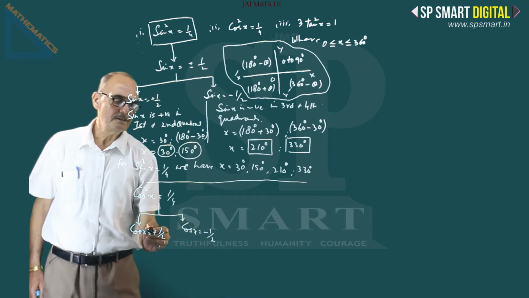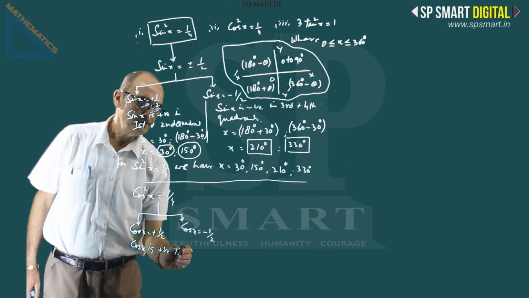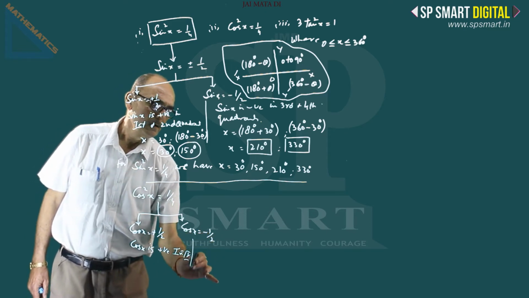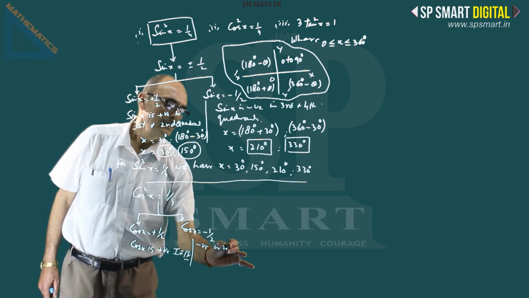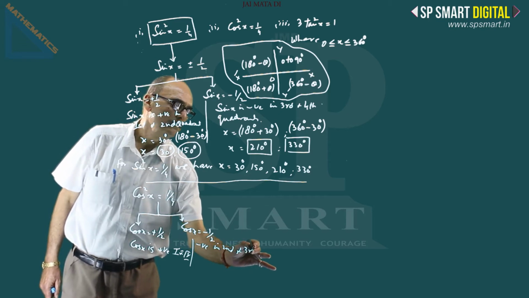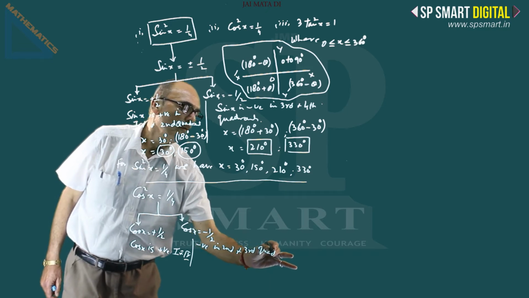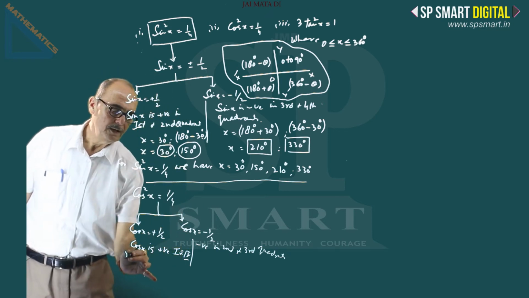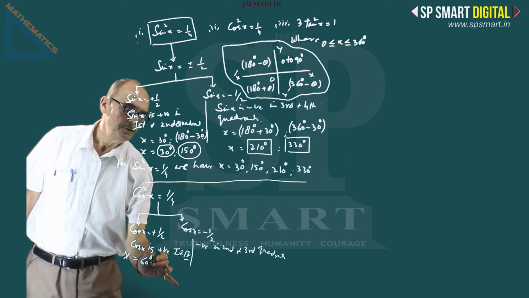So, here in this case cos x is positive in first and fourth, cos x is negative in second and third quadrants. So, therefore, x will be 60 degree because cos 60 degree is 1 by 2.